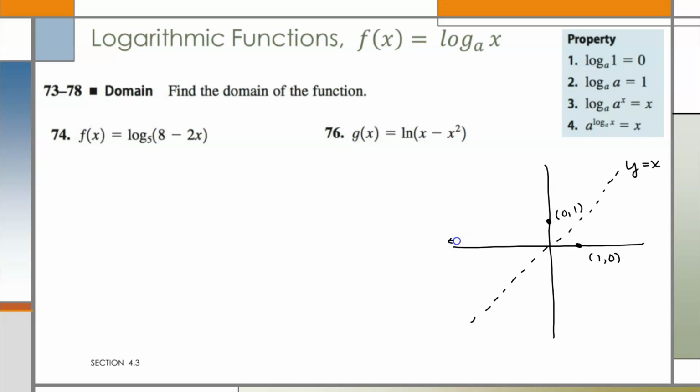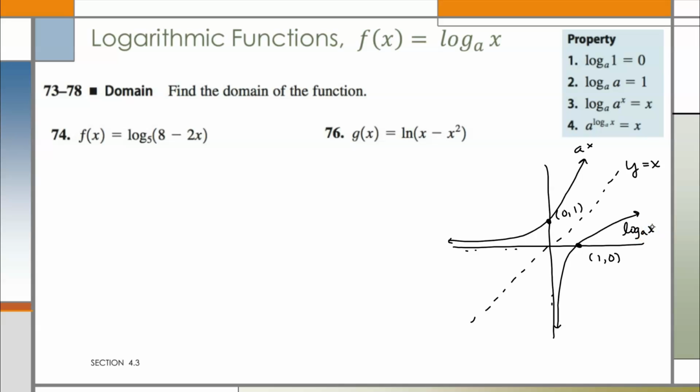For our exponential function, we'll consider the one that increases, a to the x. If we were to flip these across the line y equals x, the x-axis asymptote would become the y-axis asymptote, and then we'd have a graph that looks like this for log base a of x.